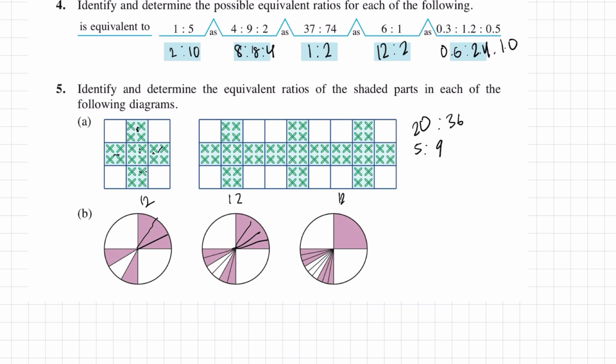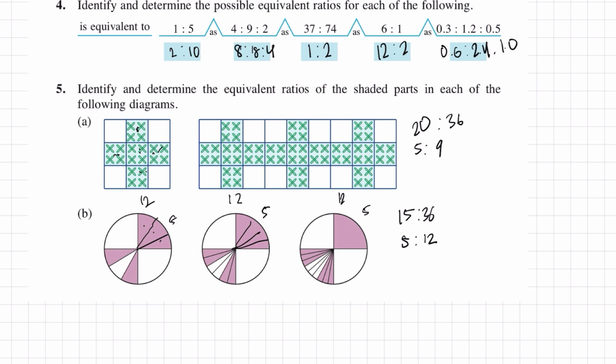So the shaded one is 1 2 3 4 5, 1 2 3 4 5, 1 2 3 4 5. So 15 to 36. Let's see if you can simplify it. Yes, you can simplify it to 5 to 12.